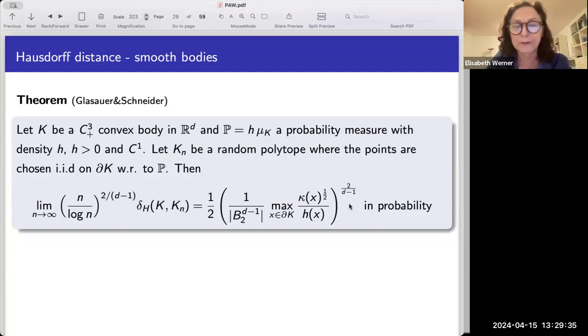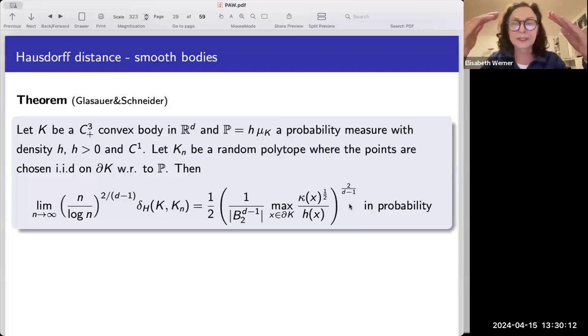Then comes 1 over kappa_{d-1}, to the power 2 over d minus 1, where kappa_{d-1} is nothing else but the (d-1)-dimensional volume of the (d-1)-dimensional Euclidean ball. And then comes the maximum over all points x on the boundary of K of the Gauss-Kronecker curvature kappa(x) to the power 1/2 over the function h(x), and everything raised to the power 2 over d minus 1.